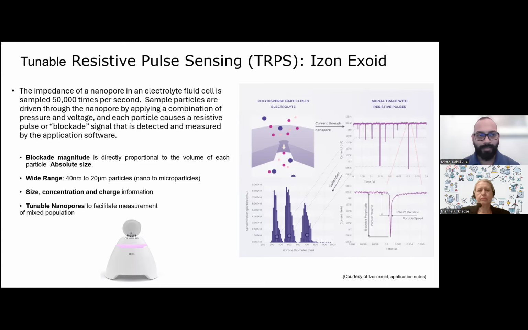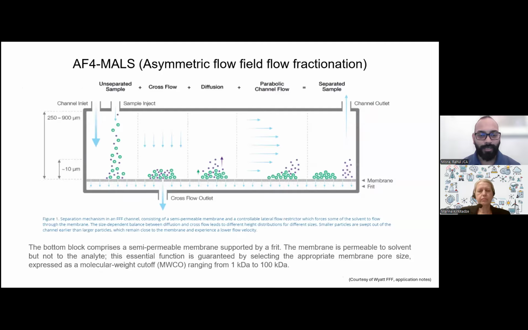So heading to another new technique, AF4 MALS, which is called asymmetric field flow fractionation. This can sort out the issues we see with SEC.